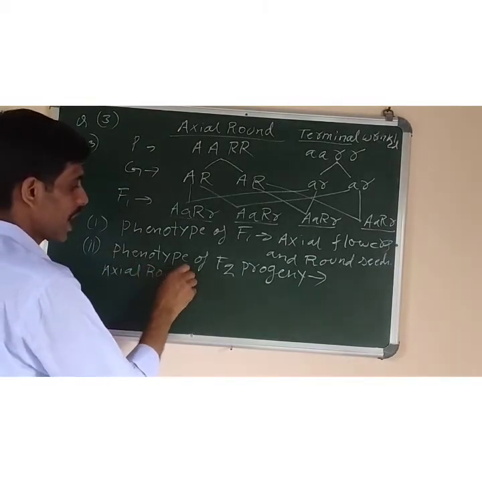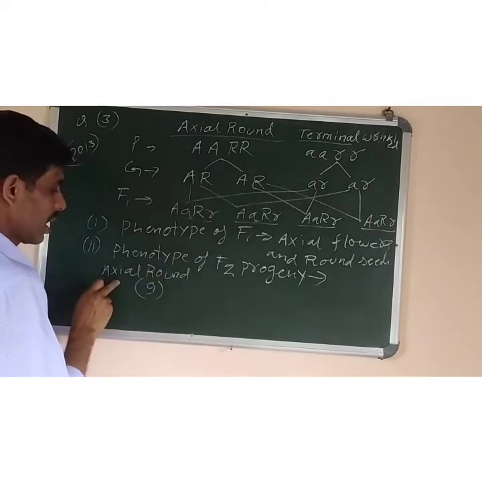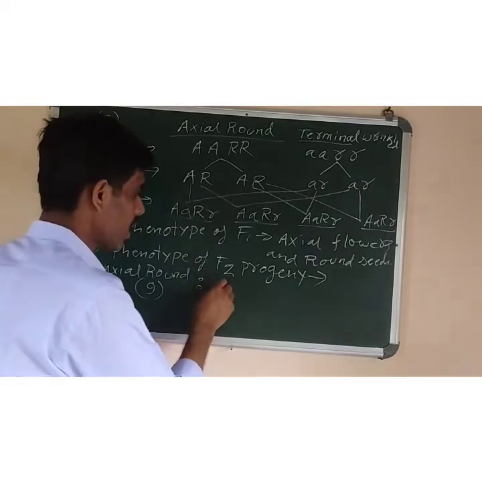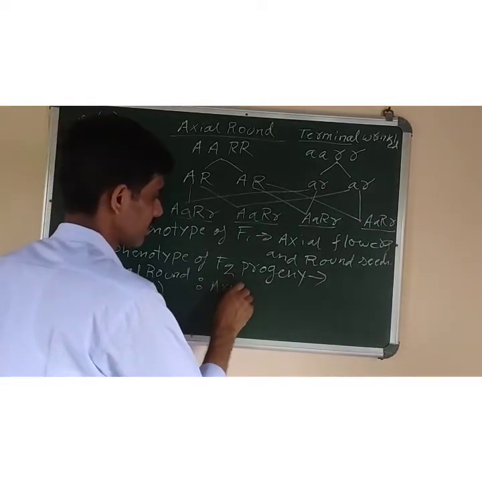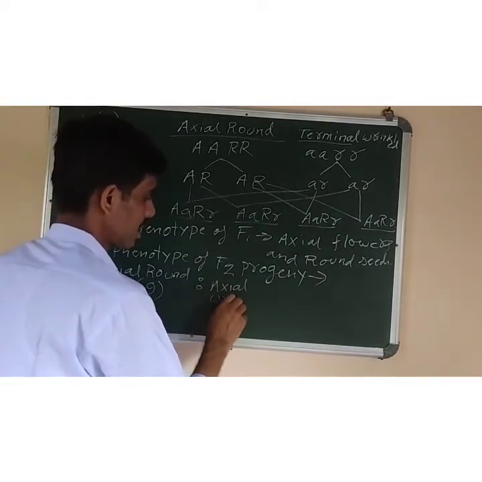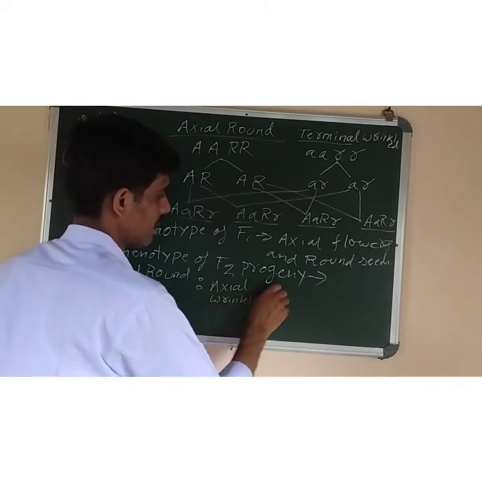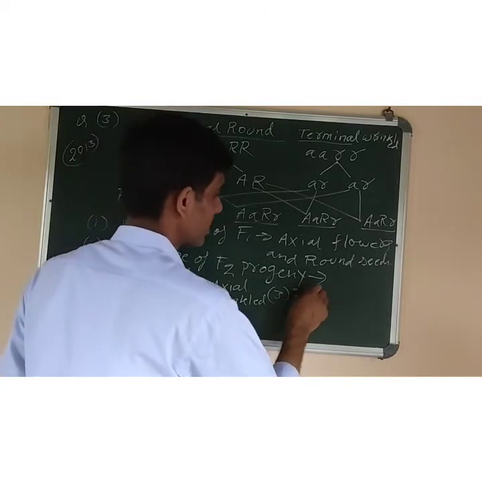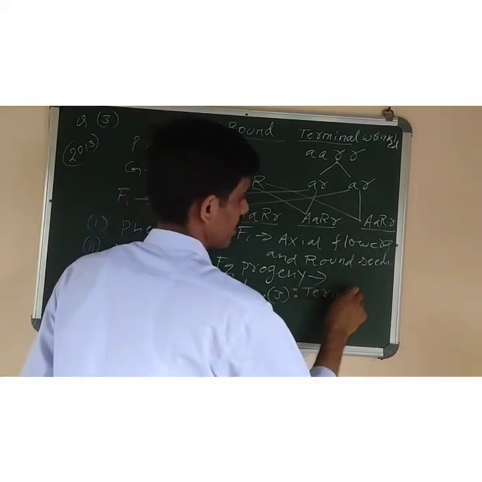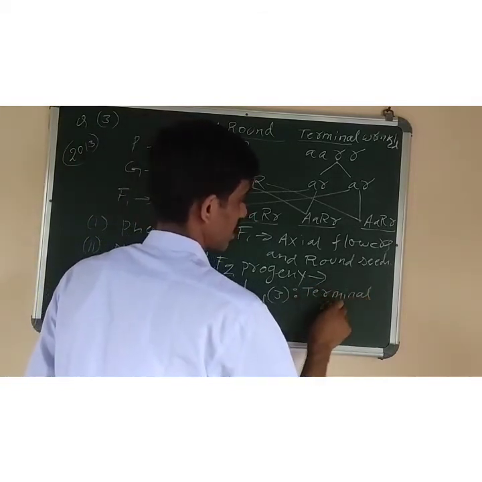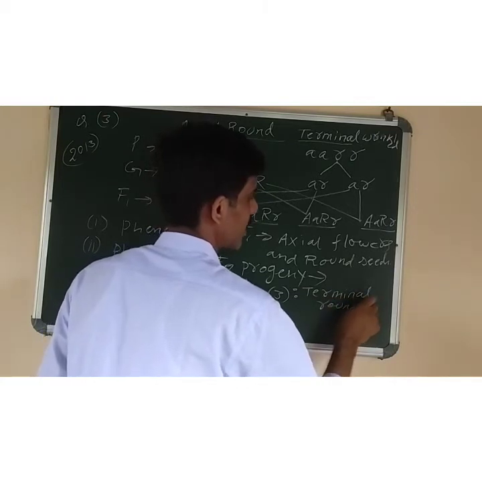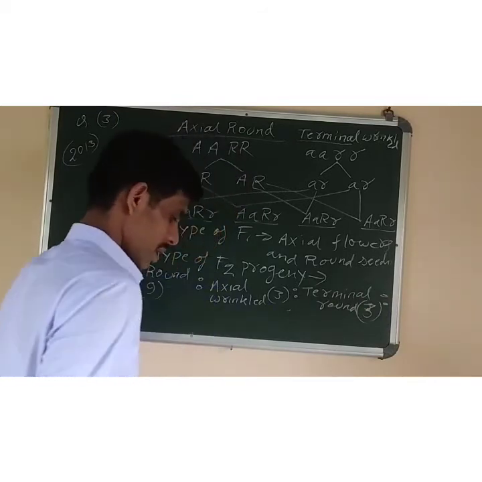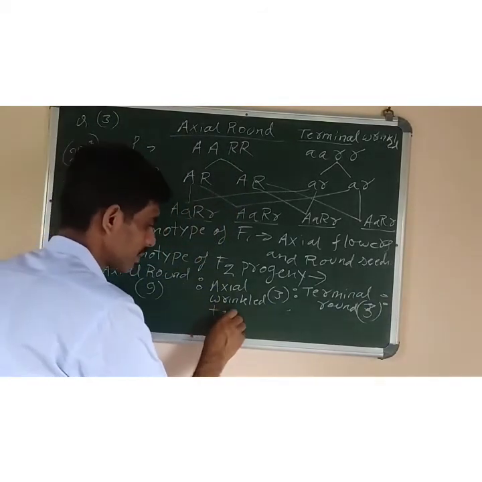That means 9 plants will have axial flowers and round seeds, 3 axial wrinkled, 3 terminal round, and the last one is terminal and wrinkled.